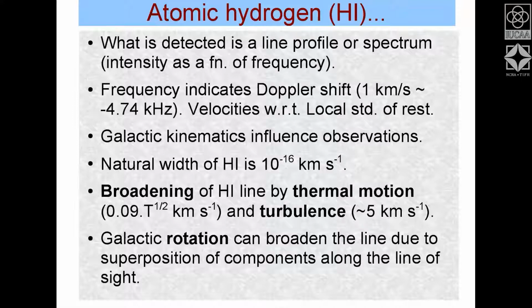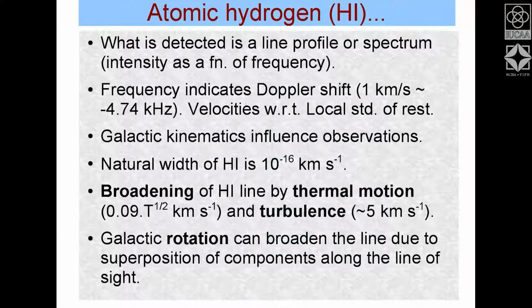Why then do we see a line width that is much higher, of the order of kilometers per second? The first thing that broadens the line is the thermal motion, or Brownian motion, of the gas particles, and it goes as 0.09 root T kilometer per second, where T is the effective temperature.